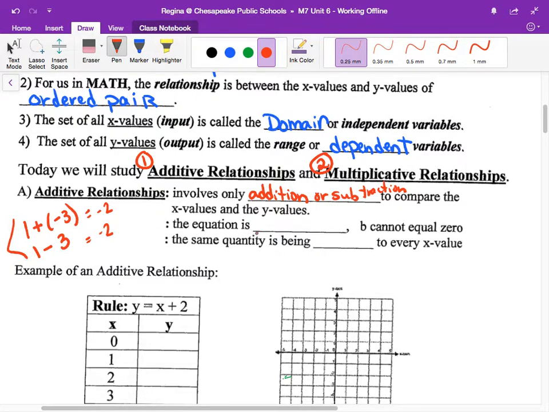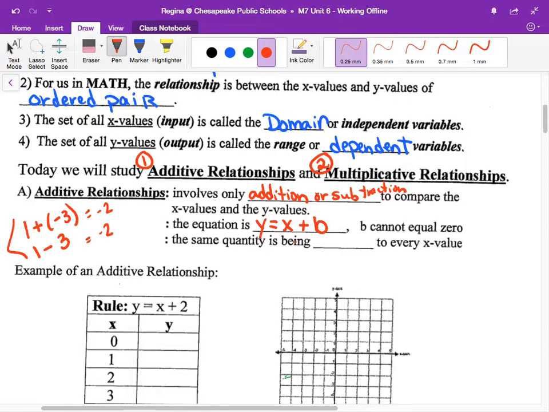All right, the equation looks like this. Y equals x plus b. Now I don't know why they picked b. Maybe b for the back number, the number in the back. I don't know. Now there's a rule though that b cannot equal 0 because you have to be adding something. And if you add 0, you're not really adding anything.